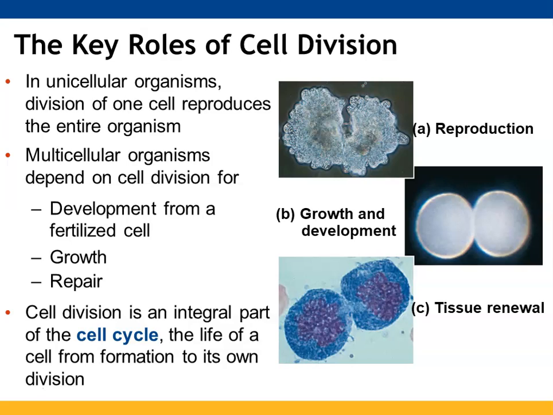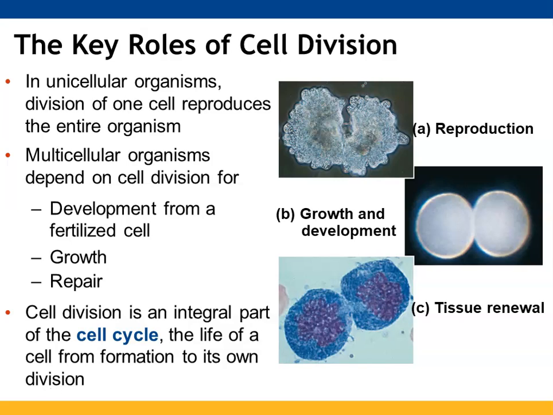When you have a unicellular organism, because it consists of a single cell, when that cell reproduces, it is reproducing the entire organism. Multicellular organisms will reproduce cells to be able to grow from a fertilized cell, such as an egg, and also to be able to repair.